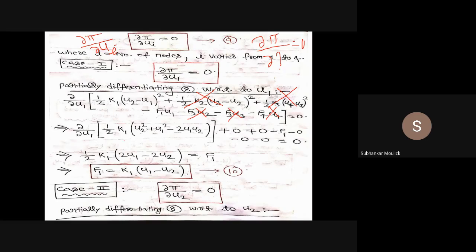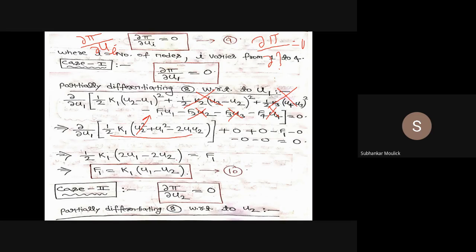Now if I partially differentiate this expression, I can take half k1 common outside the bracket, then del by del u1 of u2 square plus u1 square minus 2 u1 u2. So u2 square will be 0, there is no partial differentiation. u1 square will give 2 times u1, minus 2 u2, since del by del u1 of u1 is 1.